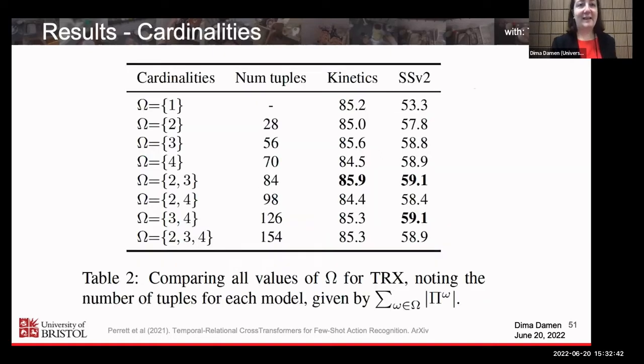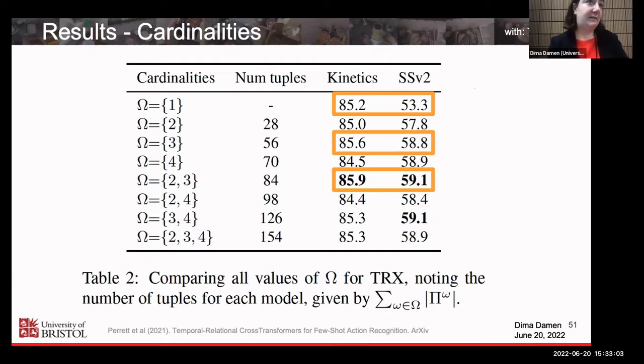Critically, we showed that some datasets are a lot harder than others. If you compare Kinetics to Something-Something V2, which is a more fine-grained dataset, you see that looking at a single frame versus 2 frames versus triplets doesn't make such a difference on Kinetics, but makes a huge difference on datasets like Something-Something.